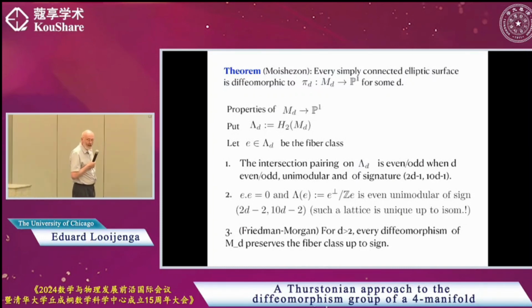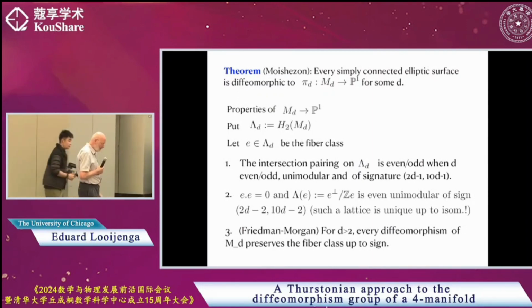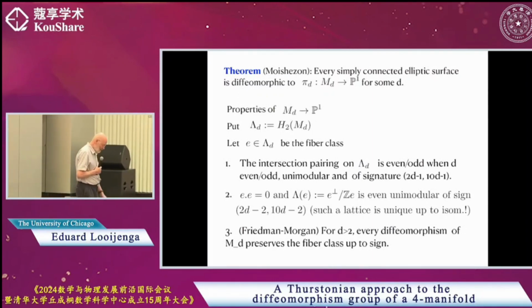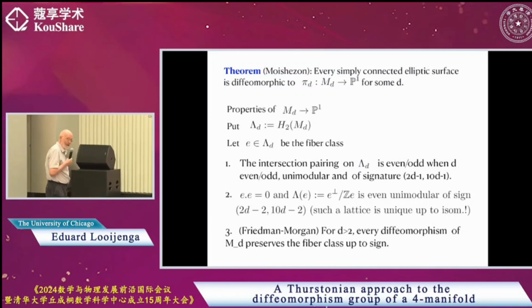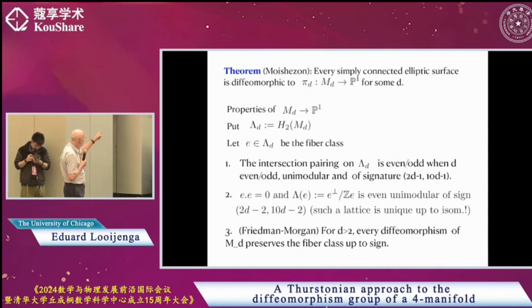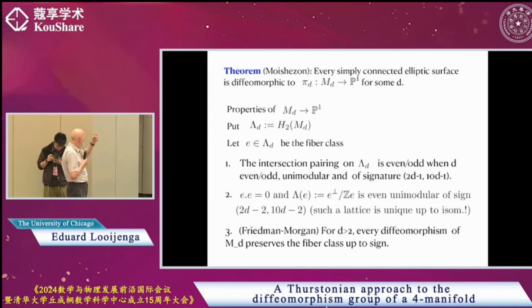Now, for D greater than 2, there's a remarkable theorem, which is due to Friedman and Morgan, based on Seiberg-Witten theory, that says that the class of that fiber is a diffeomorphism invariant up to sign.